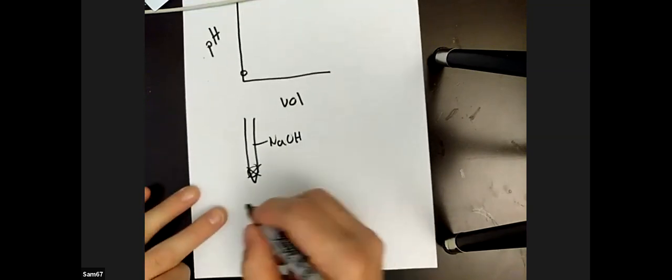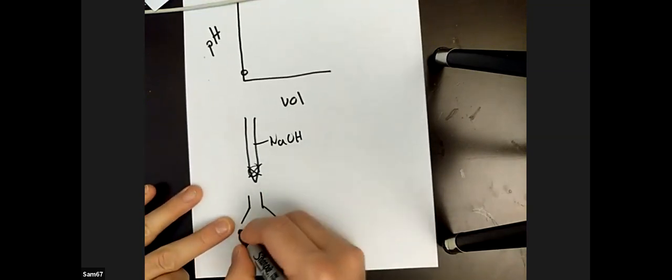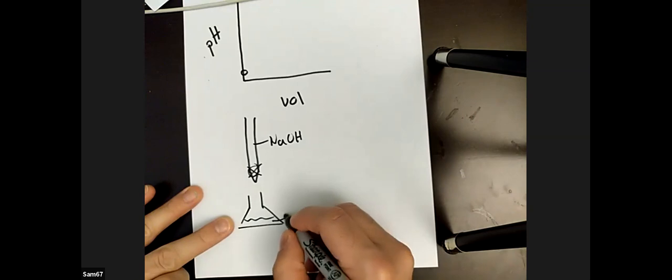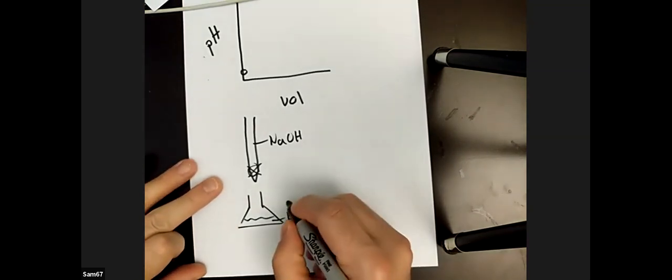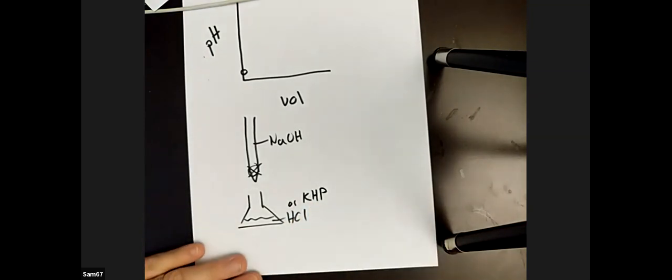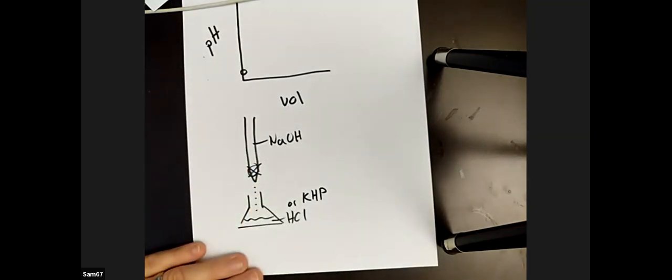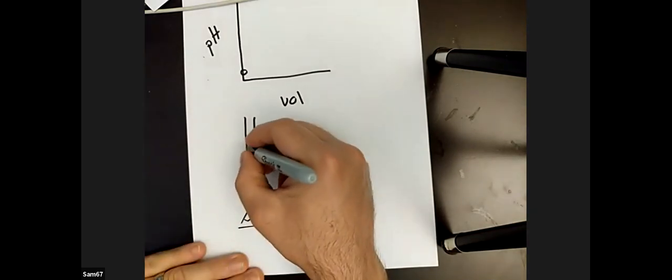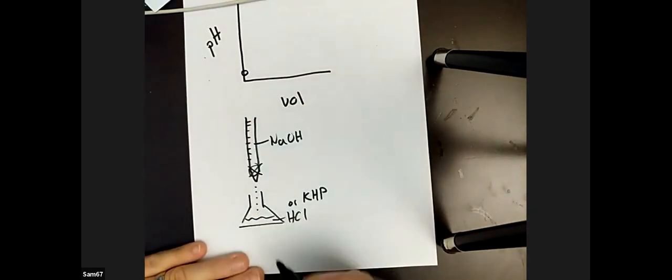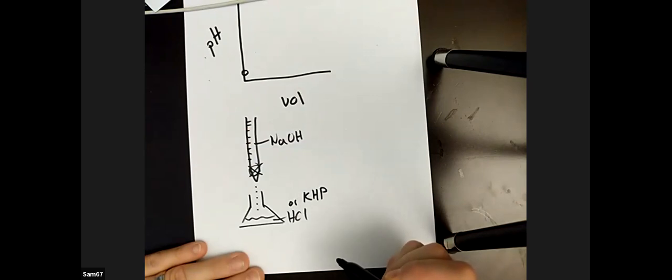in the burette. And then we have a flask where we have HCl, or the KHP. So we are going to add our sodium hydroxide dropwise from the burette into our acid solution.